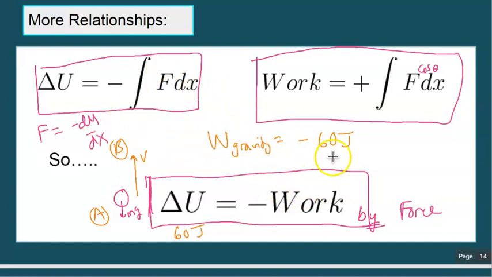But again, this is mostly for people taking the AP. You might have a graph of force versus distance, and it will say you could integrate that to find the work done by the force, which is not constant here. And then the question might say, find the increase in potential energy.